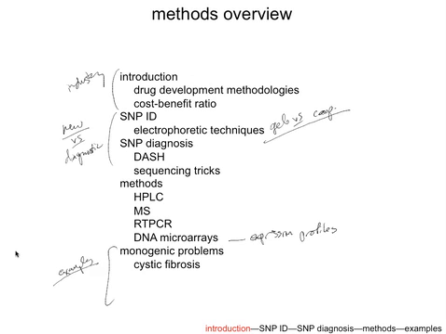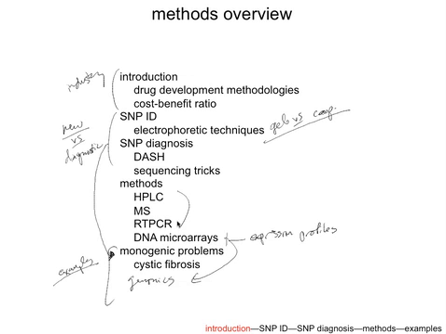Once I've talked to you a little bit about the technology, I'm going to move into examples of how these technologies are useful. And in terms of SNP diagnosis, that kind of technology might be relevant to monogenic disorders, in which there are a series of well-defined mutations that are responsible for the pathology. But also we'll be talking about lots of examples of genomics problems in which microarray technology is much more relevant.